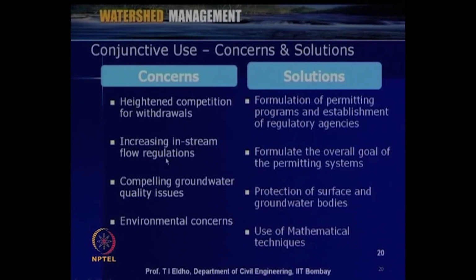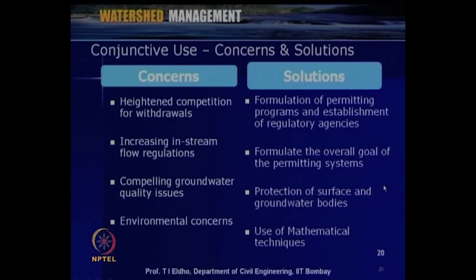Then, for increasing in-stream flow regulations, we can formulate the overall goal of permitting systems. Then, for compelling groundwater quality issues, we have to keep groundwater quality, so that we can go for protection of surface and groundwater bodies. Then, for environmental concerns, we can develop various plans and assess those plans through mathematical techniques.